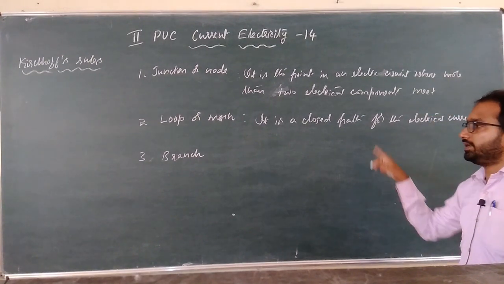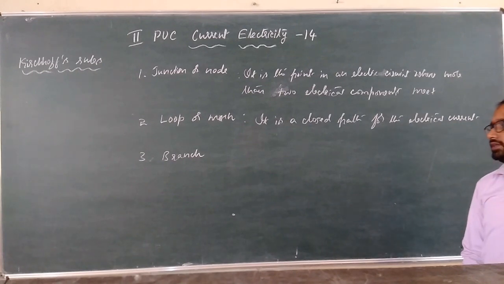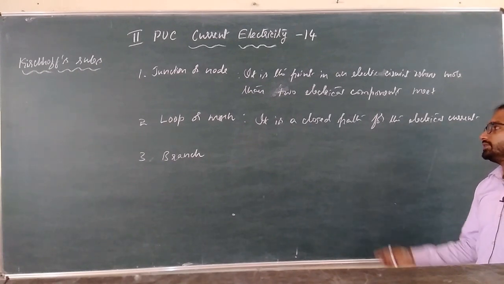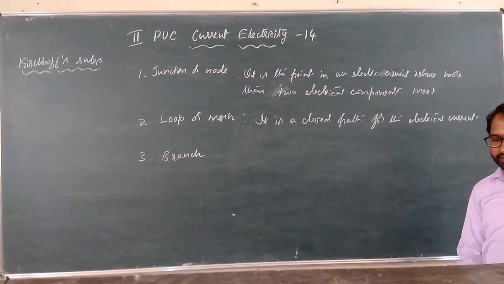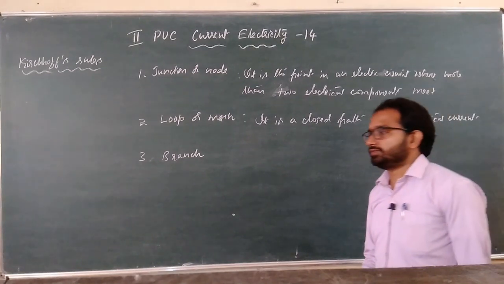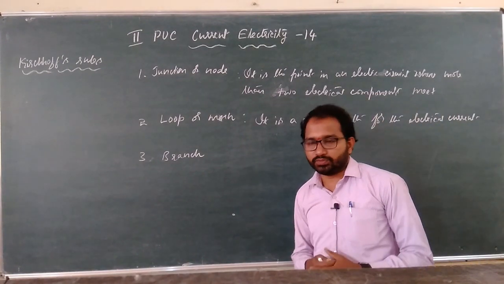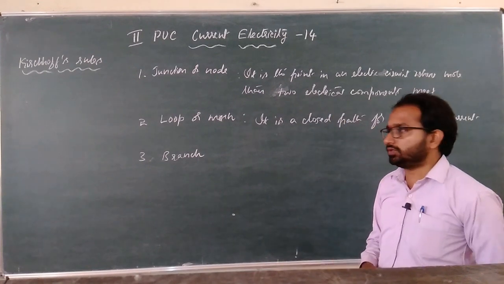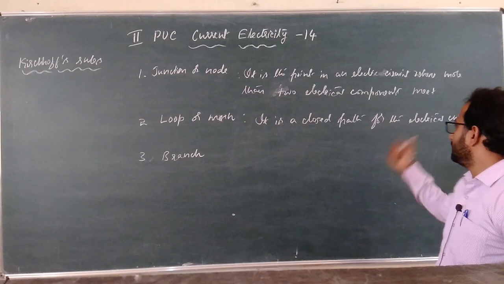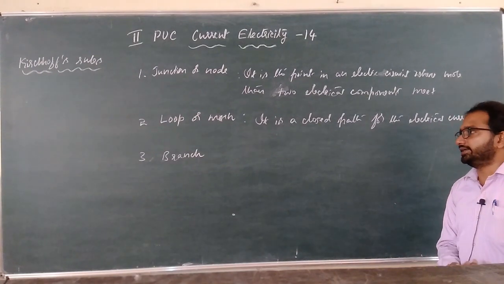It is a closed path in an electrical circuit, a closed path which is available for the electric current to flow. It is a closed path for the electrical current, but still in circuits sometimes we use open loop and closed loop, even though loop itself is a closed path for the electrical current.